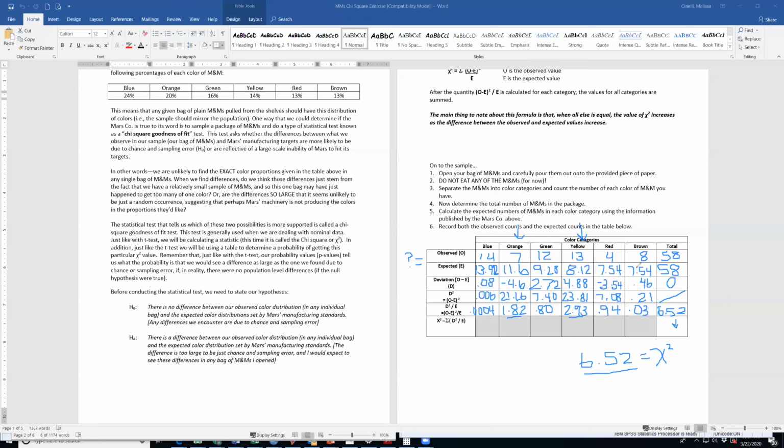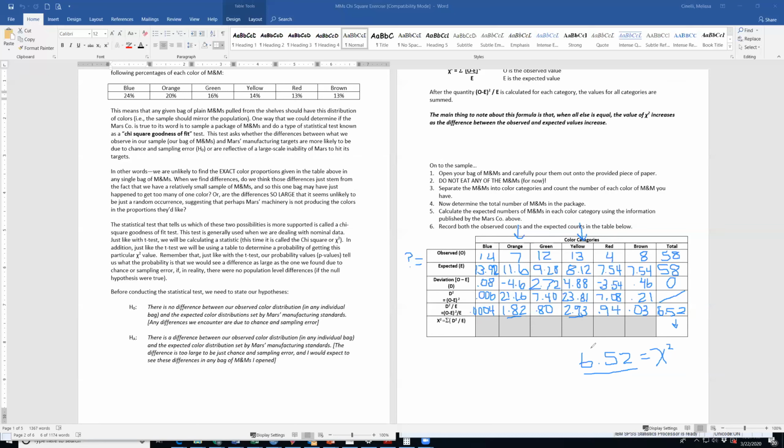All right, so importantly, it's not telling us just blue observed versus blue expected. It's telling us the entire range of possible nominal response options. How different was the distribution that we observed? All right, the distribution referring to all of the counts that we observed for each possible nominal response option. How different is the distribution that we observed from the distribution that we expected?